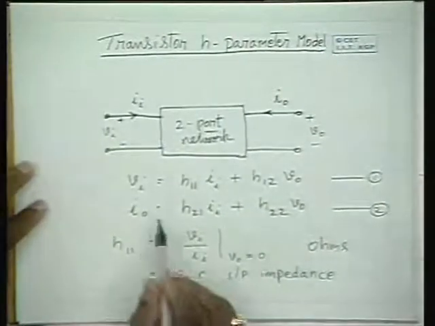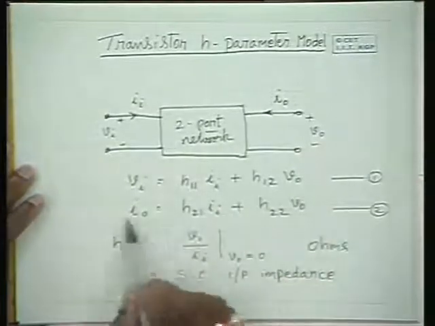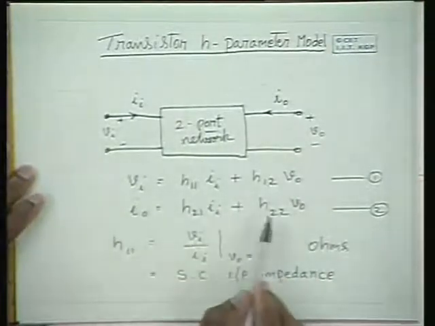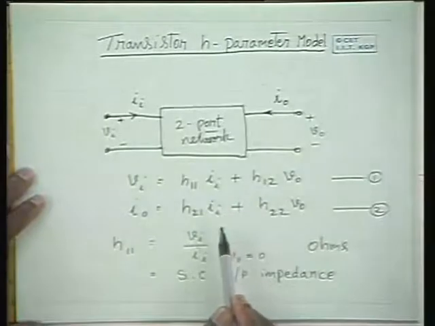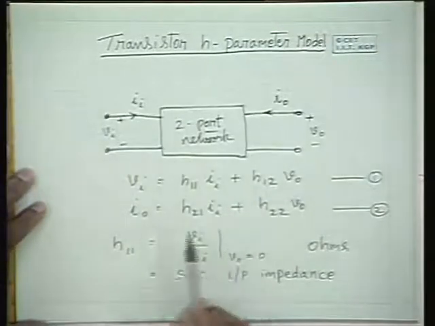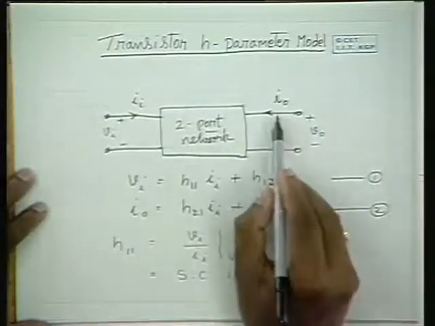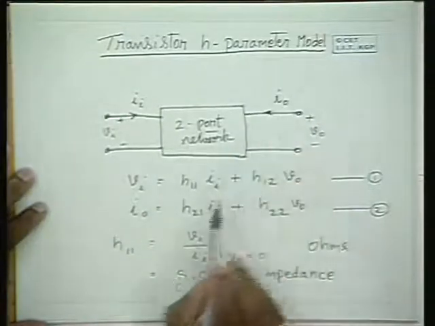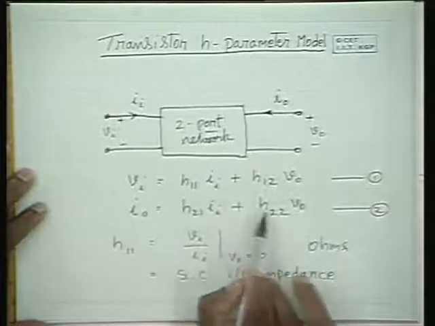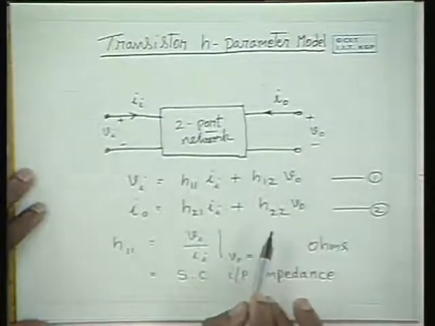Similarly, from equation number 2 we can get the output side equation. So the output is a current, and this current is written as the sum of two current components.